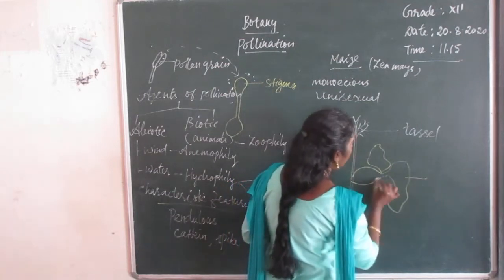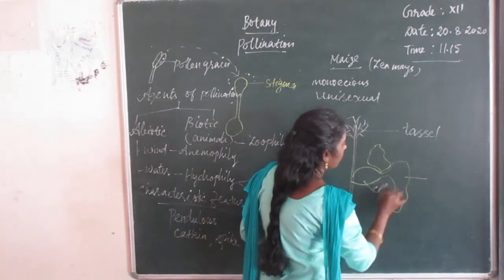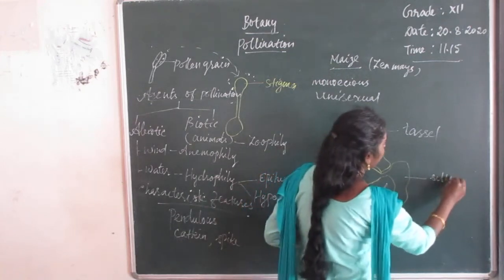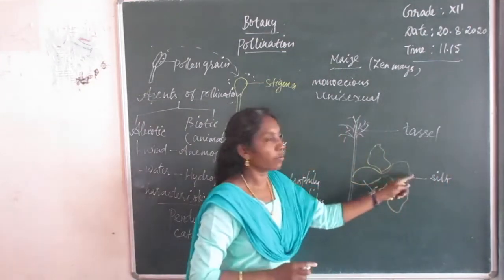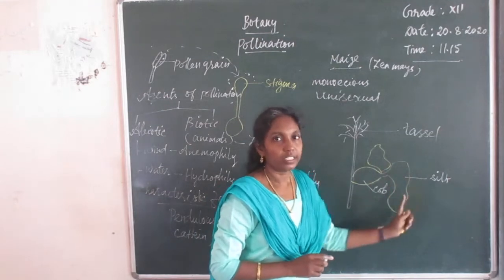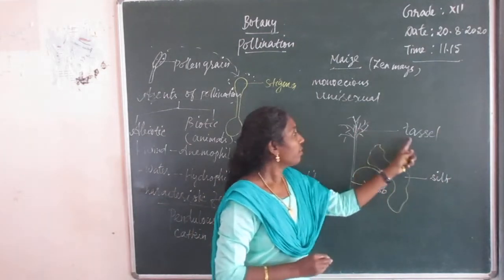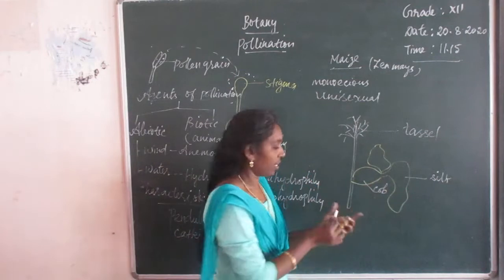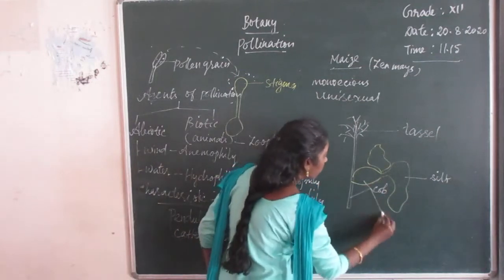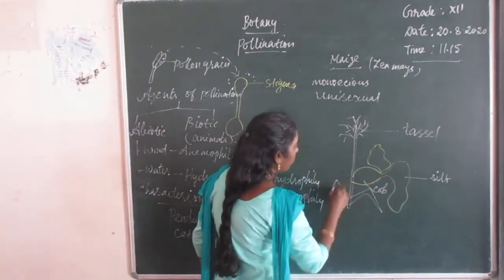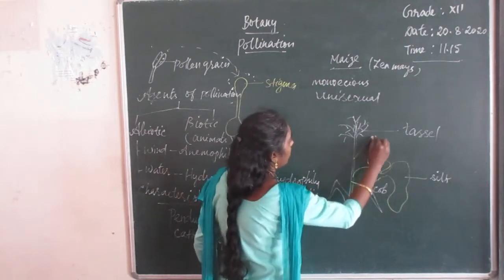This is called the cob, and it has the silk. Silk is the stigmatic region, the stigma and style. This region is known as silk. The male inflorescence is called the tassel. Now in this, leaves are produced, as it is a monocot plant. It produces the leaf.